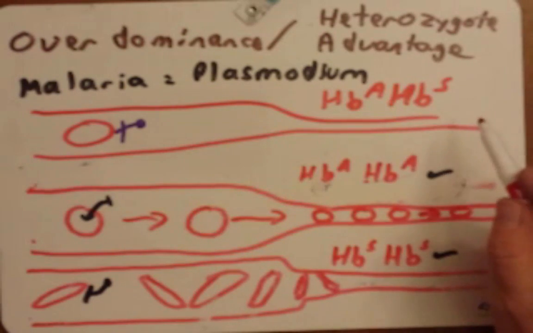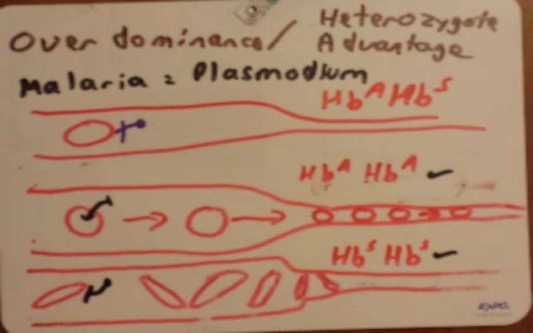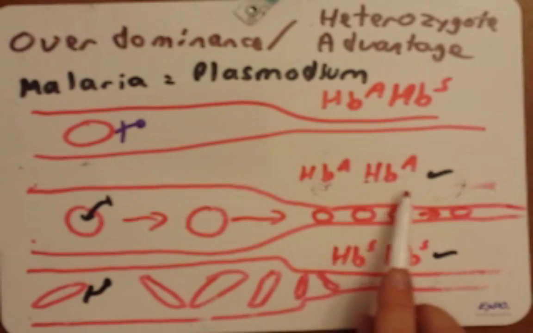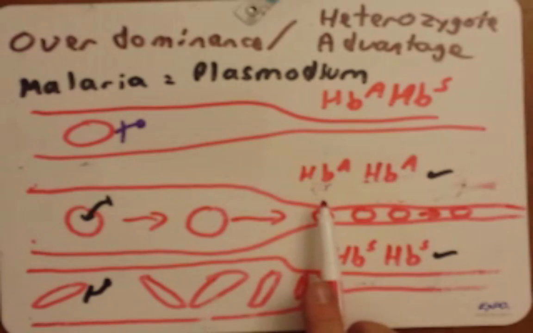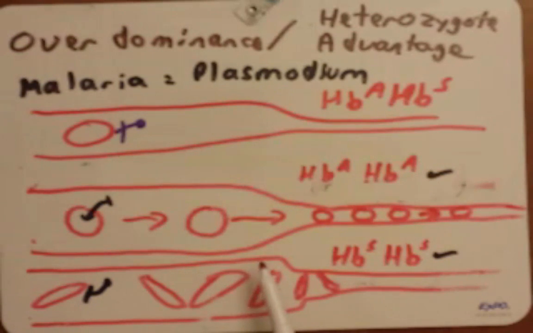They will have higher reproductive success than the individuals who are HbA, HbA or those who are HbS, HbS. Because the people who have sickle cell anemia have lower life expectancy, they'll be able to reproduce less often. In areas where malaria is high, in certain parts of Africa and South America and Central America, these individuals will be prone to the disease malaria.